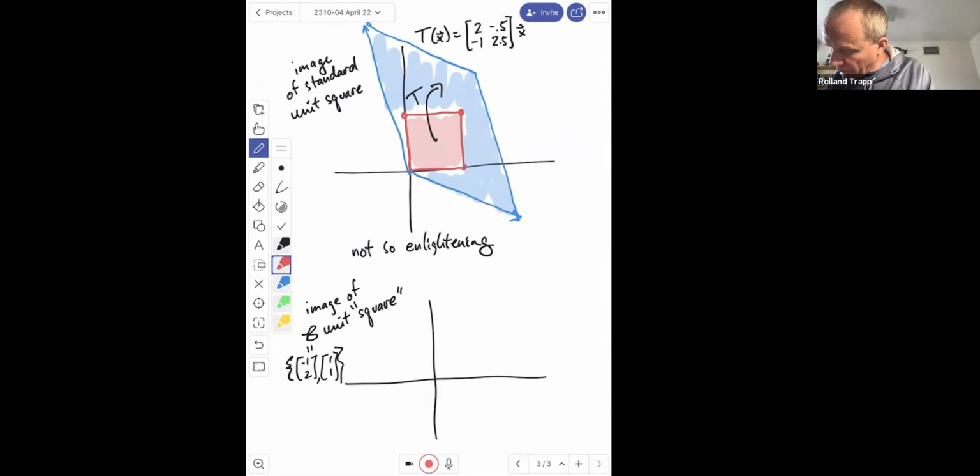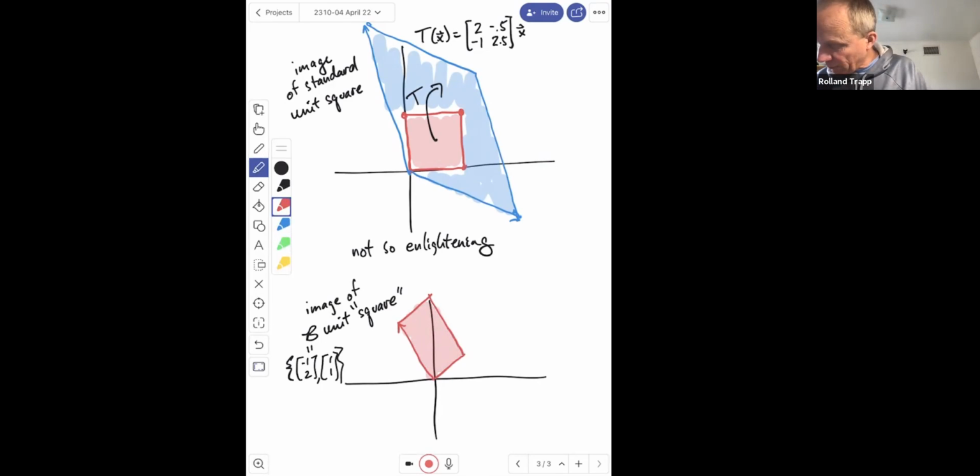So if I go to -1, 2, which is right here, and then I go to 1, 1, which is right there, then I get this parallelogram. It's not a square anymore, and that's why I've put square in quotes.